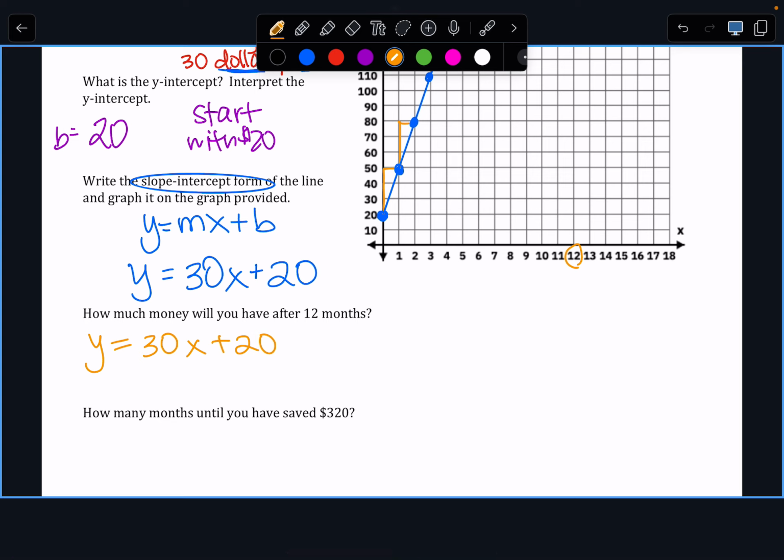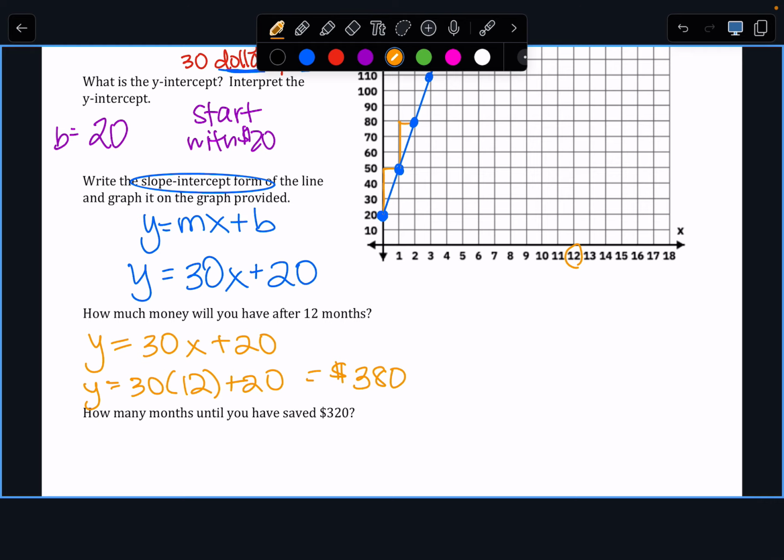What do I do with 12 to help me out? Put it where x is, times it by 30, and then add 20 to it. 30 times 12 plus 20 gives us how much money? $380.